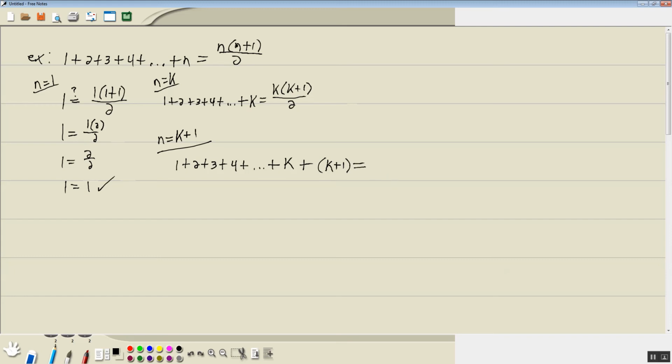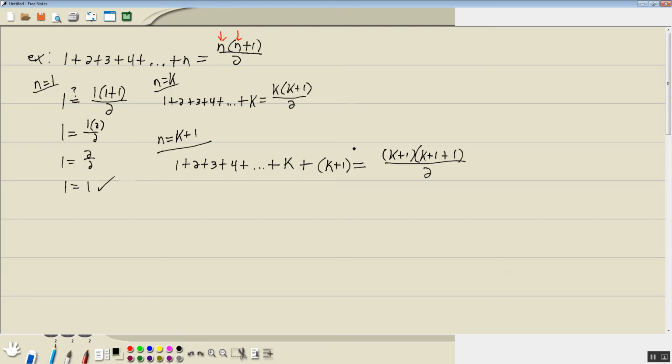And I want to plug in k plus 1 for the n over here. So I'm going to have k plus 1, and then I'm plugging in k plus 1 for the n here. So I have k plus 1, and then there's a plus 1 over 2. So all I did is replace the n's over here with k plus 1.